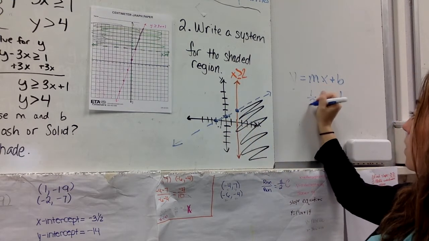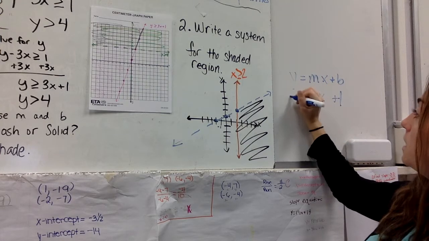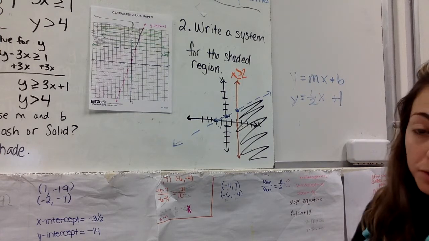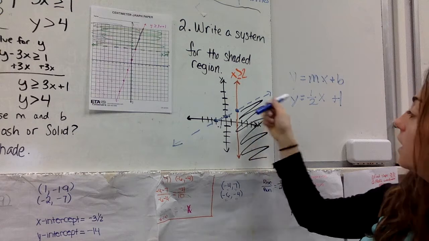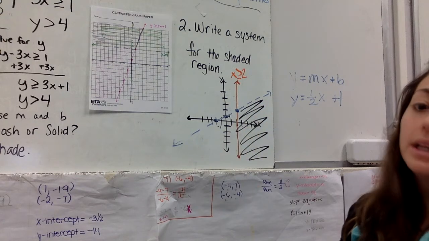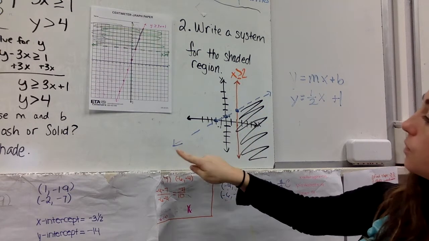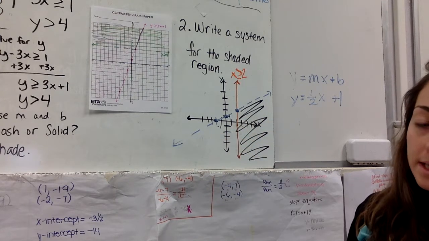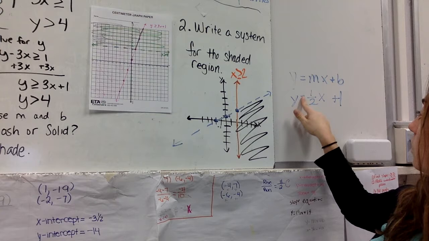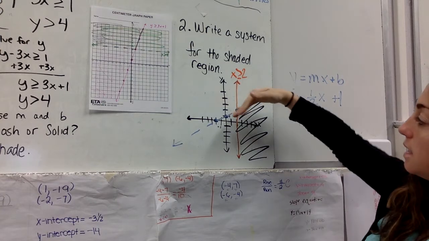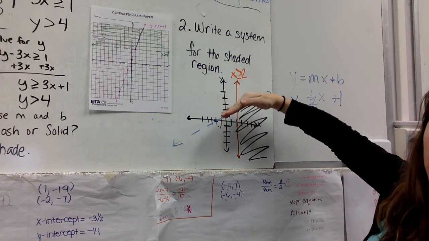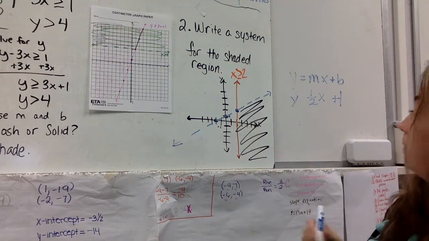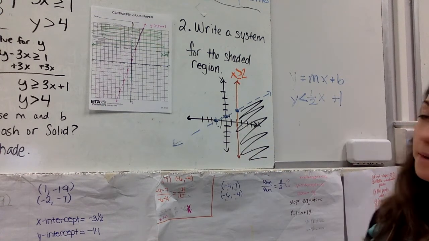So my slope is 1/2. So this would be the equation, y equals 1/2 x plus 1, of the line, but we don't have a line, we have an inequality. So it's dashed, so that tells us that the inequality is not equal. And we got to think, is it above the line shaded or below the line? Well, it's below it, so it's less than.